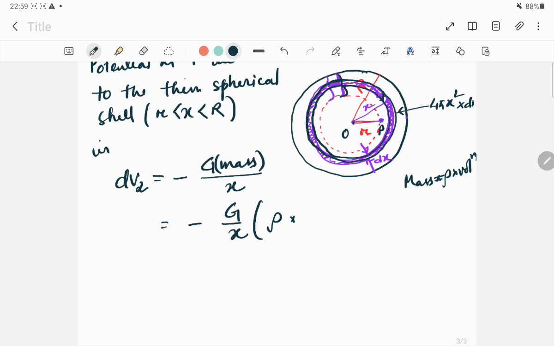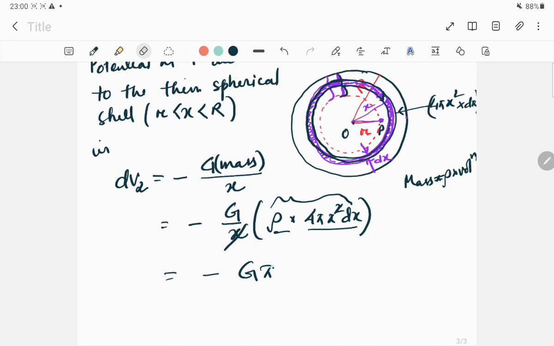If you multiply it by dx, it will give you the volume of the shell. So it is 4 pi x square dx. Rho into volume gives you the mass of the thin shell. Now we will simplify it and it comes out to be G 4 pi rho x dx. So this is our dV2.